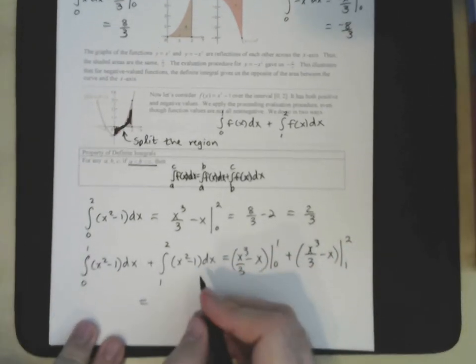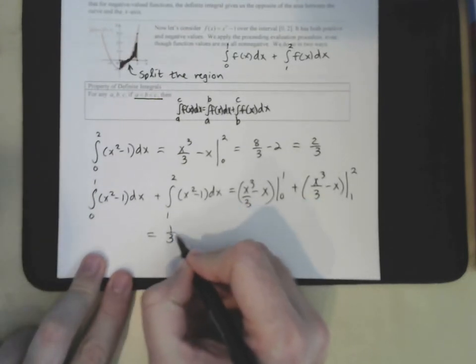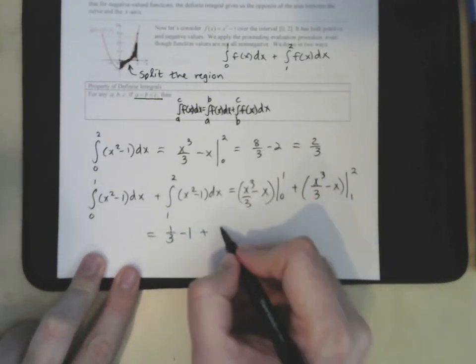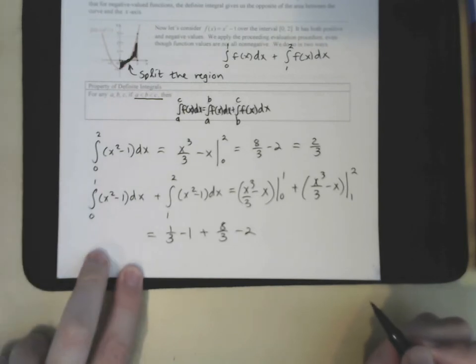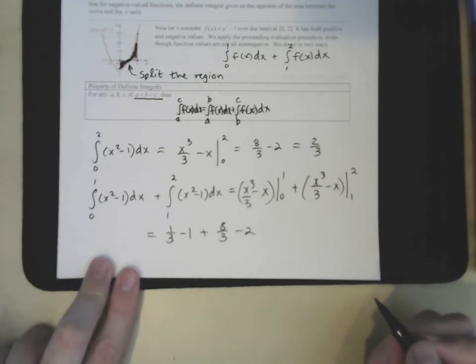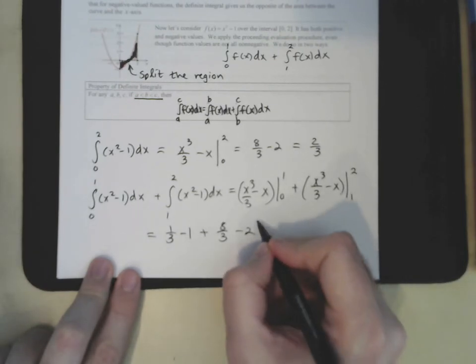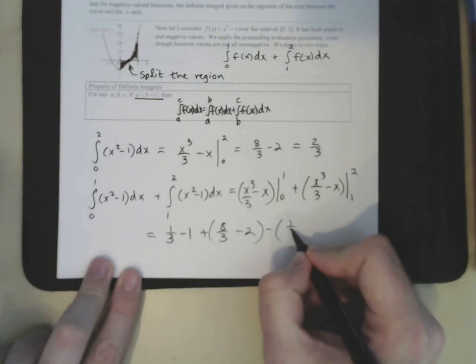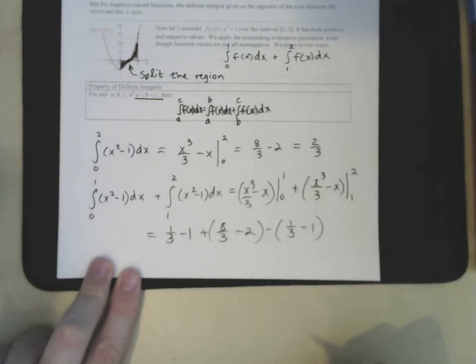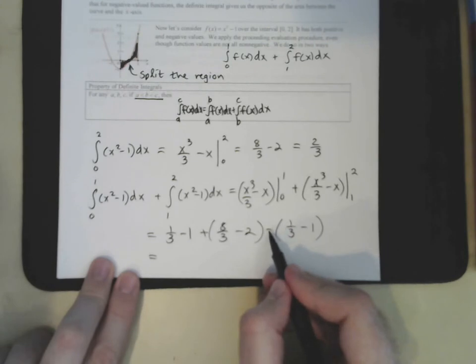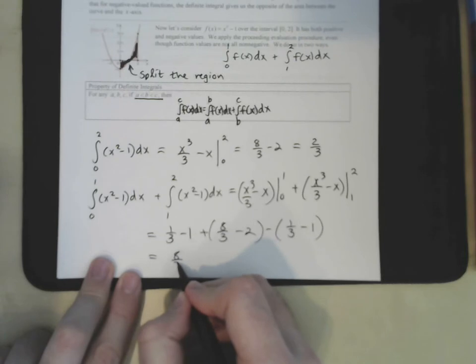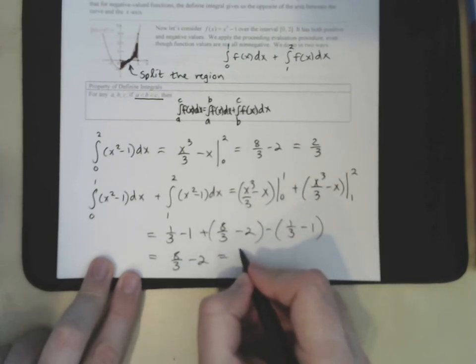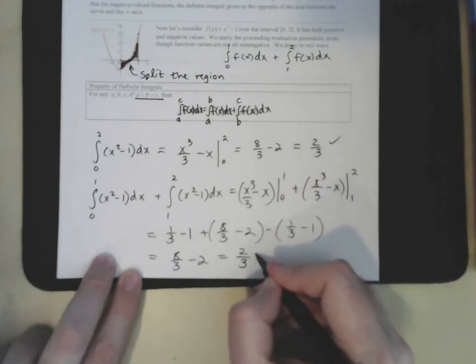And what we get here is 1/3 minus 1 plus 8/3 minus 2, and then minus 1/3 minus 1. So the 1/3 minus the 1/3 will cancel, the -1 minus the -1 will cancel, and we're left with 8/3 minus 2, which again is going to give us 2/3.